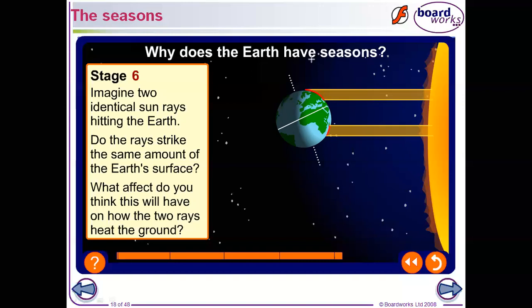Now, if you're to spread a ray on the ground, or you're to concentrate it at a particular point, what effect do you think it will have? I think this would cause more heating effect compared to this, right? Don't you think so? I think so.